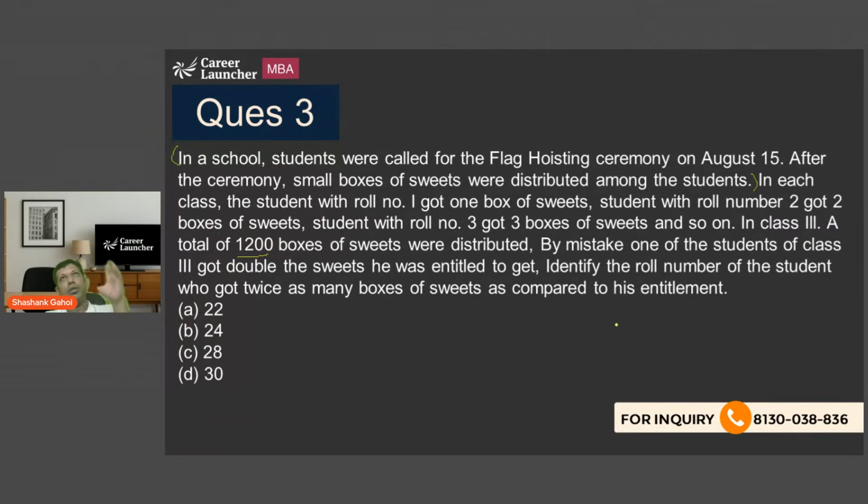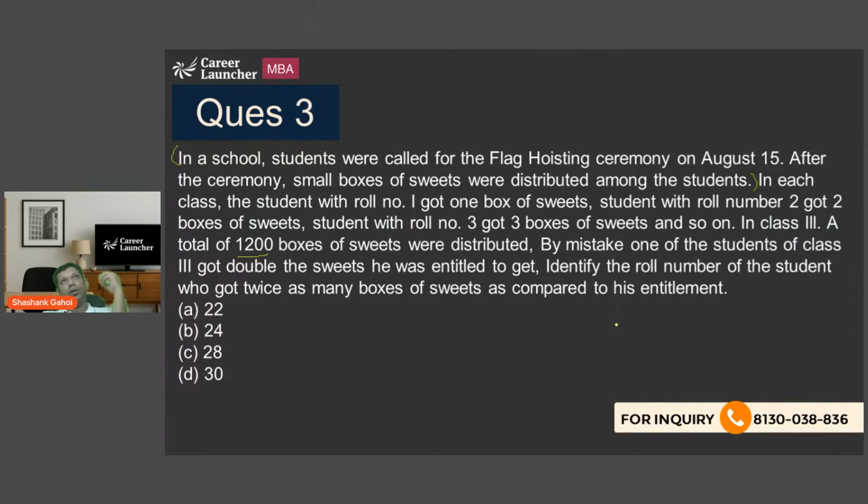So, my first step is to break it down into smaller parts. Break the question into small parts first. So, total 1200 boxes were distributed. Now, the actual number of boxes that should have been distributed, should it be lower or higher, less than 1200 or more than 1200?